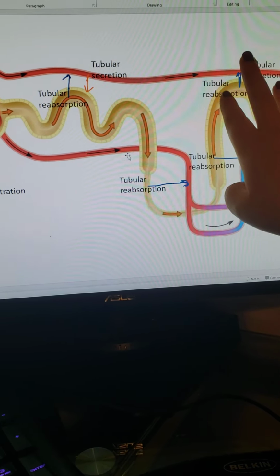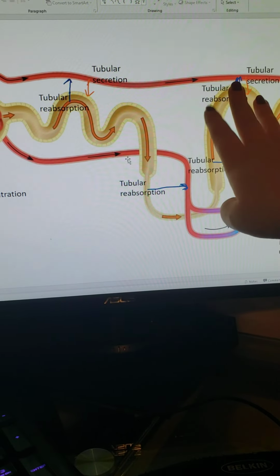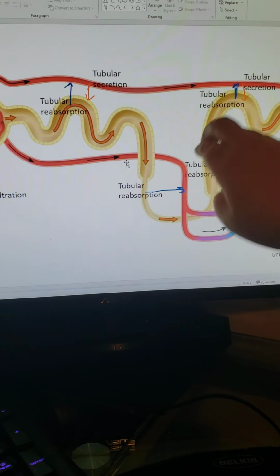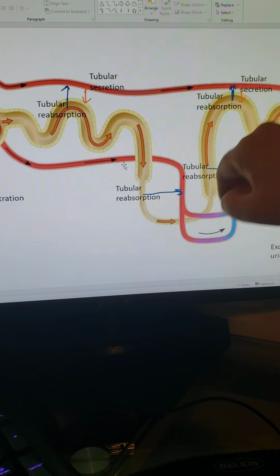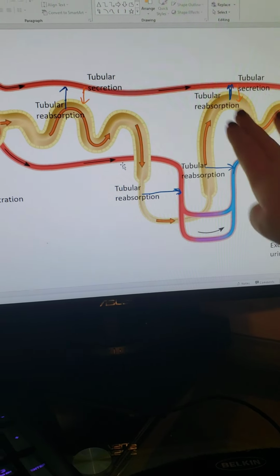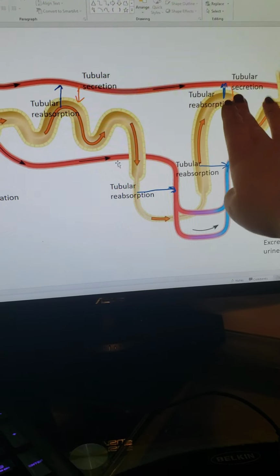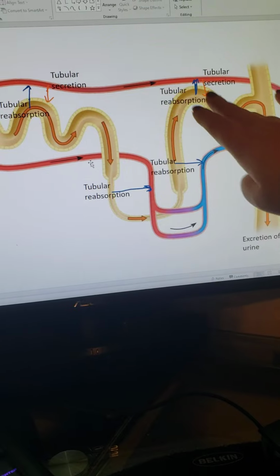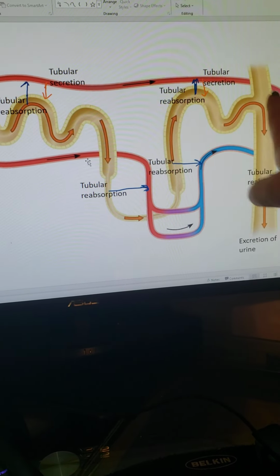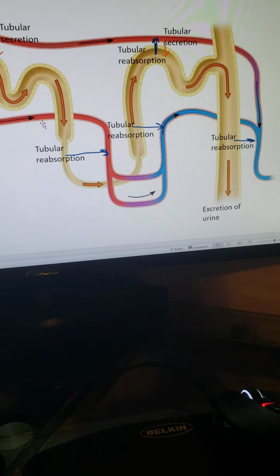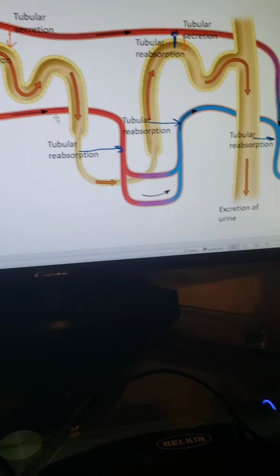And again, reabsorption happens here with anything like calcium or hydrogen, or water, it gets released back into the system. And one final time, if anything is waste that has been passed through the filtration, it gets secreted back into the tube. And then anything that we don't need gets put into the collecting duct right in this area here, which then is moved through the different parts of the body to be eliminated via urine.